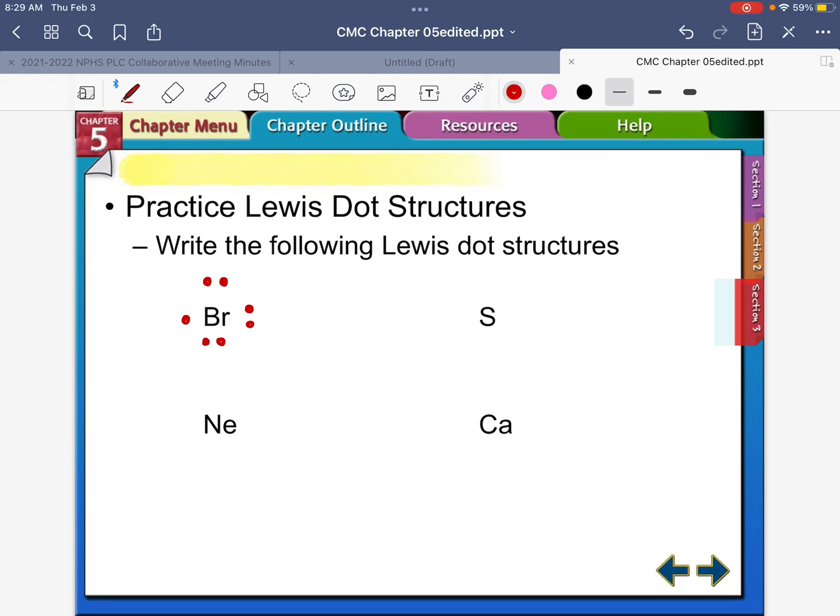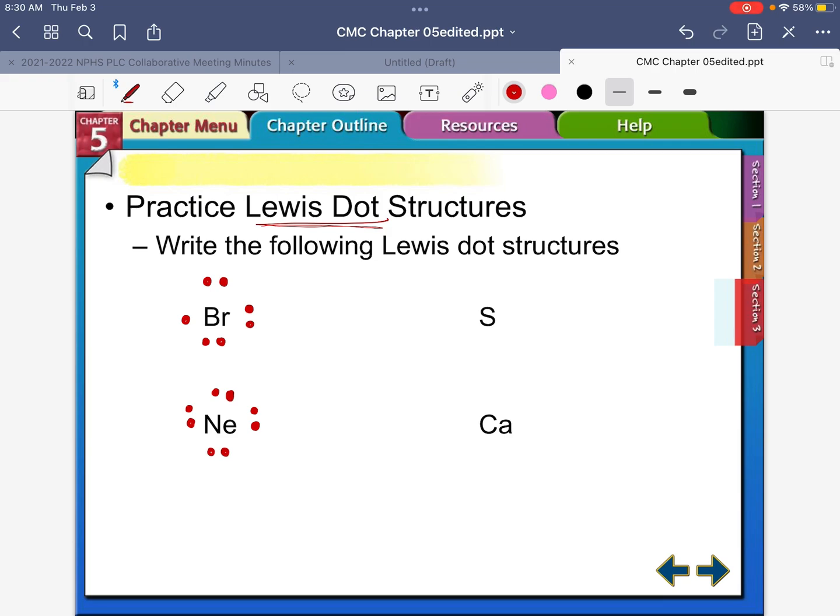And you'll hear me say either Lewis dot structures or electron dot structures, and they're the same thing. I just interchange them. The next example is neon. Neon's our noble gas. It has 8 valence electrons. So I have 1, 2, 3, 4, 5, 6, 7, 8. So that's my noble gas configuration for that one.